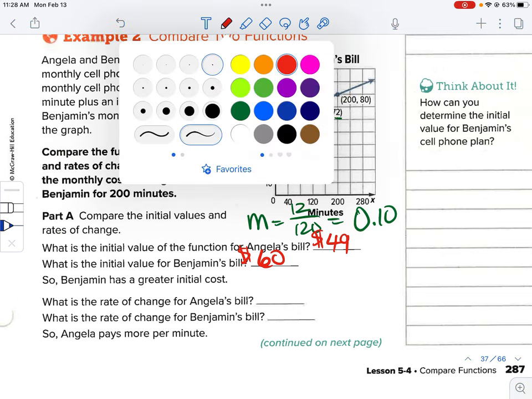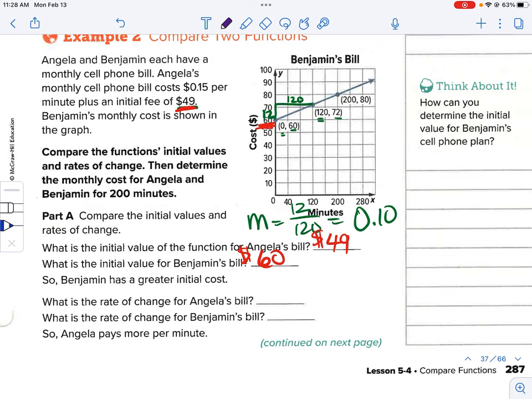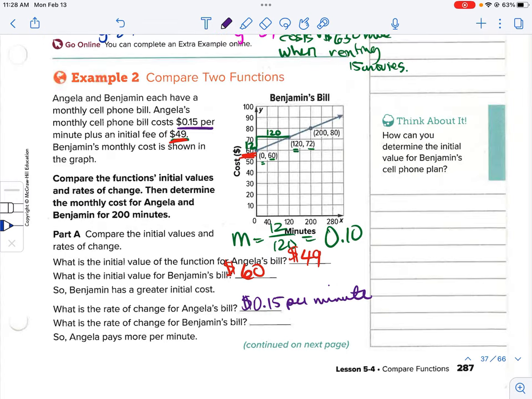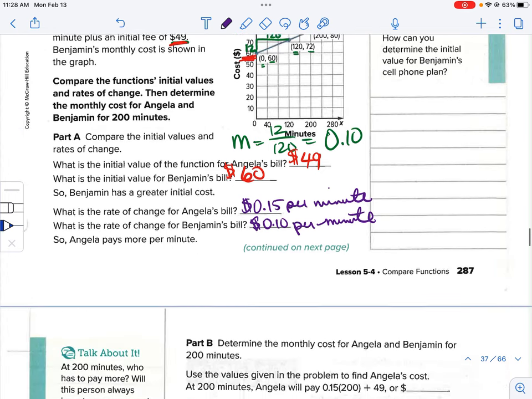What is the rate of change for Angela's bill? Angela's bill is 15 cents per minute. What is the rate of change for Benjamin's bill? It was 10 cents per minute. So Angela pays more money per minute.